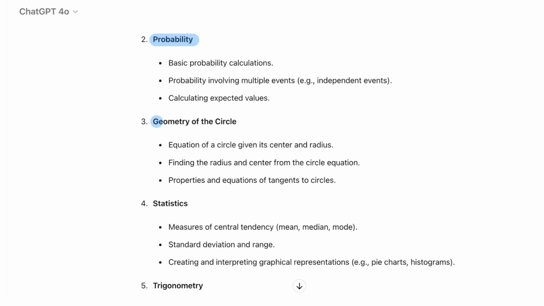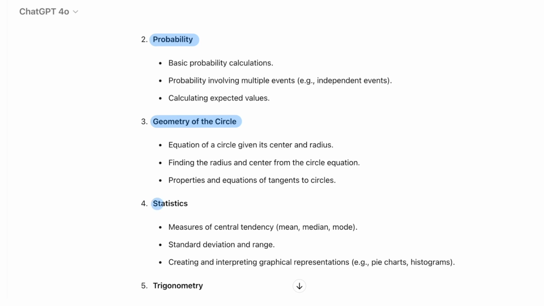Question 3. The theme here will be geometry and the circle. You will be required to find the equation of a circle given its centre and radius, and also find the radius and centre given the equation. There will also be a focus on properties and equations of tangent lines.